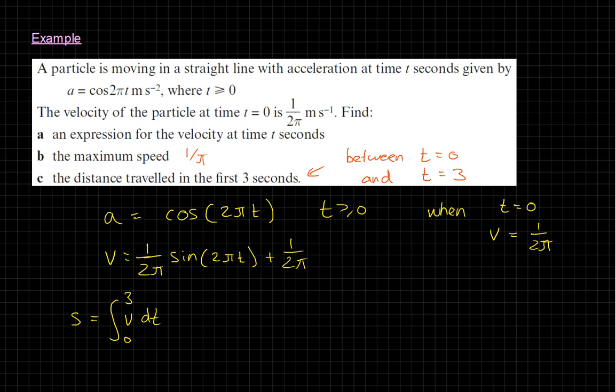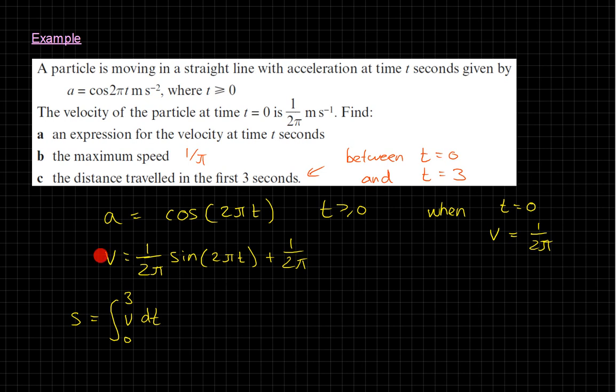So therefore, the minimum value of the full expression would be -1 times 1 over 2 pi plus 1 over 2 pi, which gives me 0. So that's the smallest value the velocity can ever be. It can be 0 for just a moment, maybe, instantaneously 0. So the velocity is actually positive at all times. It's changing, sometimes it's faster, sometimes it's slower, but it's always in the same direction.